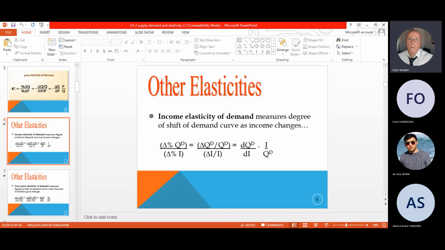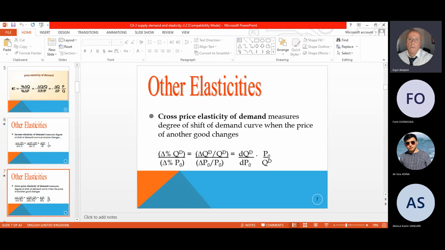Delta Qd, the difference in demand between these two periods, is divided by the income difference and multiplied by I, the disposable income in the former period, divided by the amount of demand in the last period.